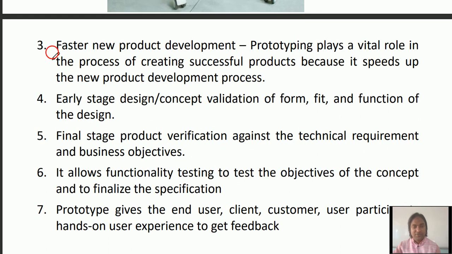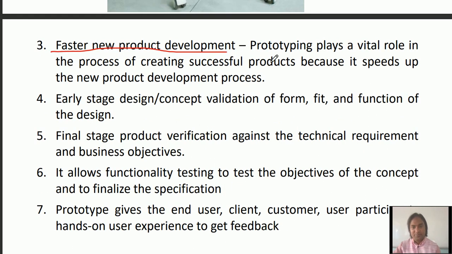Then, faster new product development. Prototypes play a vital role in the process of creating a successful product because they speed up the new product development process. How? With the help of rapid prototyping and 3D printing, you are able to do whatever you are thinking. You can make the model quickly, test your concept, and if it is okay, proceed, otherwise reject, or you can add.